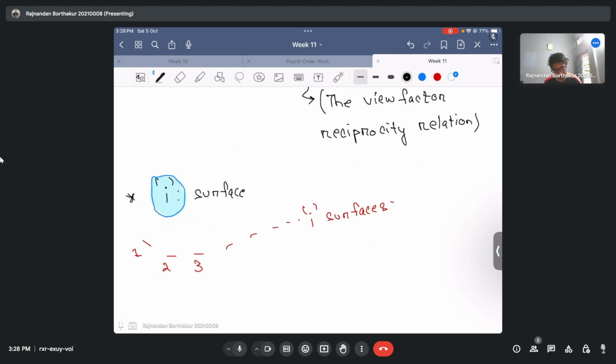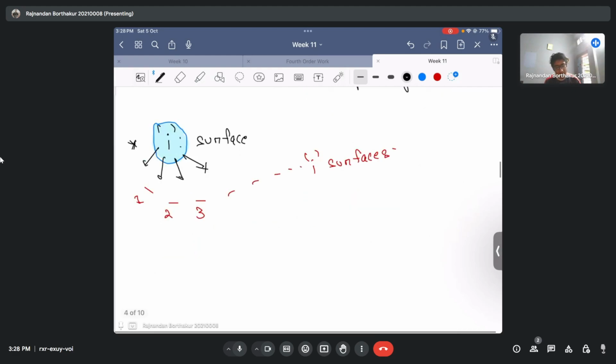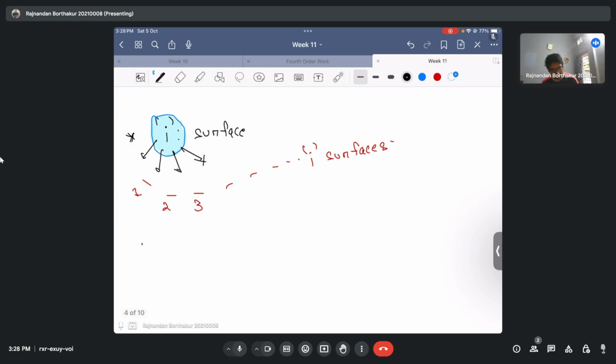If it's a diffuse surface, it will emit radiation in all possible directions. I want to understand these terms Fi1, Fi2, up to, let's say, n surfaces, so up to Fin.